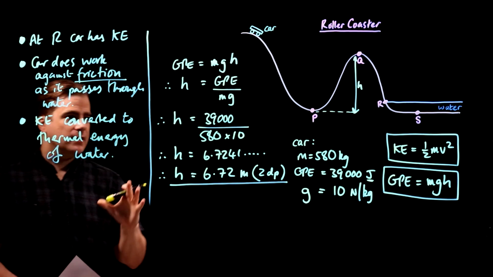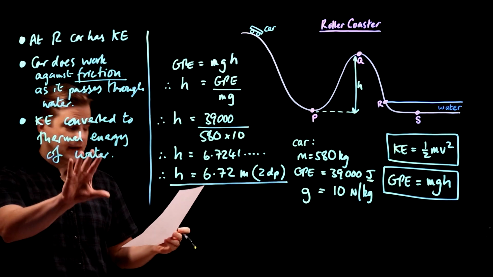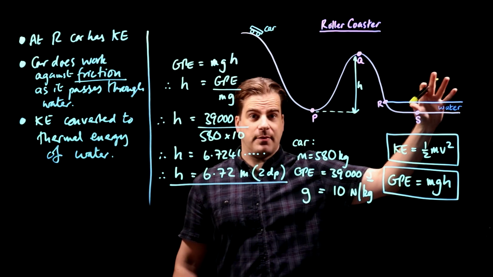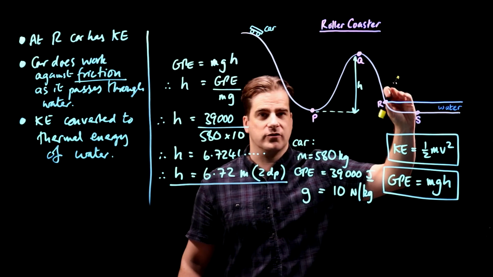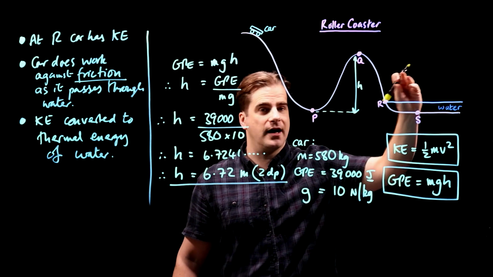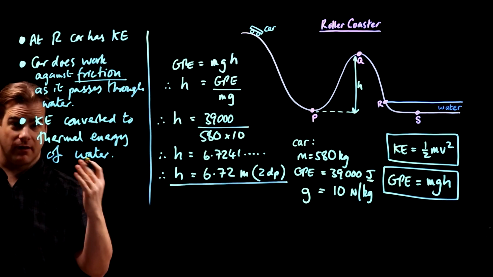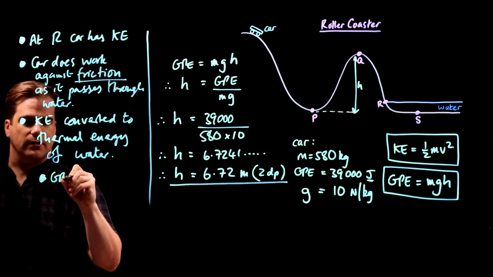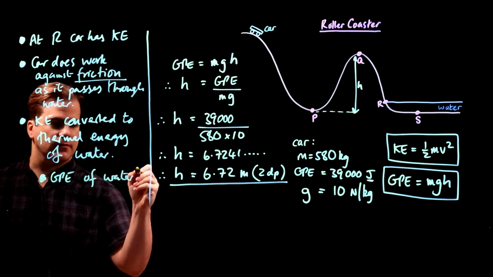Okay. Now there are other things you can say as well. I think, like I say, that's the most important one. What else can you say? Well, it's going to be a splash, isn't there? Which means some of the water is going to go up here. So water has mass and it's increasing in height. So the water is gaining gravitational potential energy. So you could also say GPE of the water. Okay.